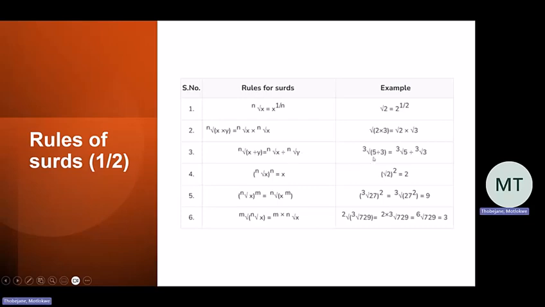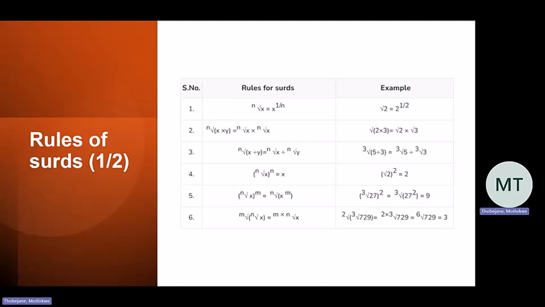What it means in a practical way is that the cube root, the third root, of 5 divided by 3 is equal to the third root of 5 divided by the third root of 3. Remember, mathematics is a practical subject. You are not going to theorize these things. You need to write them down and practice, so that they will make sense.